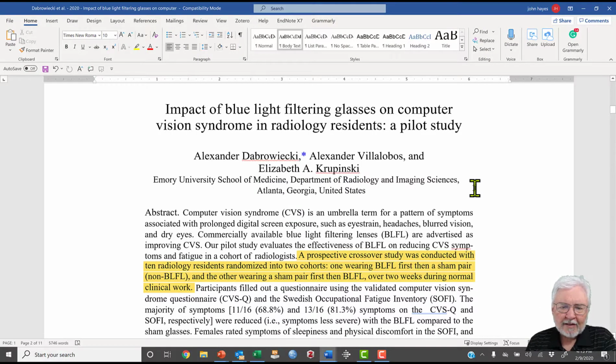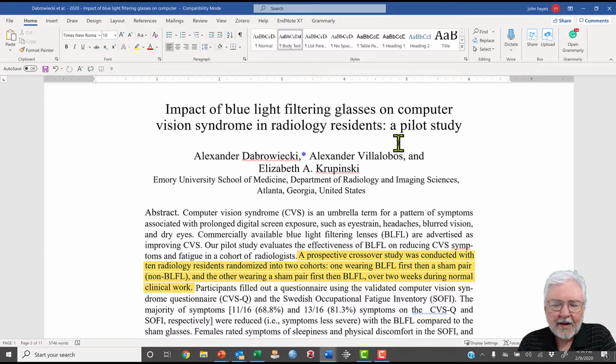Now this reflects back to my example that I gave in the literature review. This is the impact of blue light filtering glass on computer vision syndrome in radiology residents. Radiologists spend their day in a dark room with big giant computer monitors, looking to see differences in things.